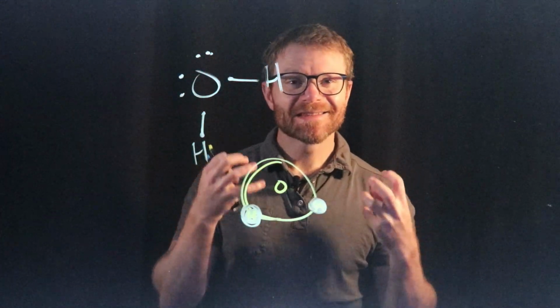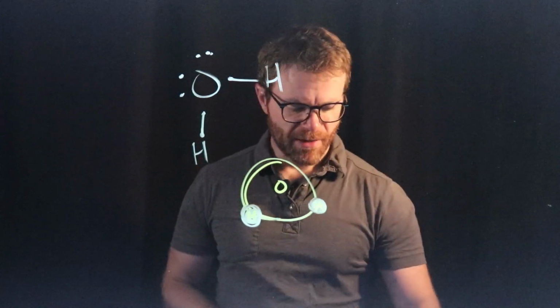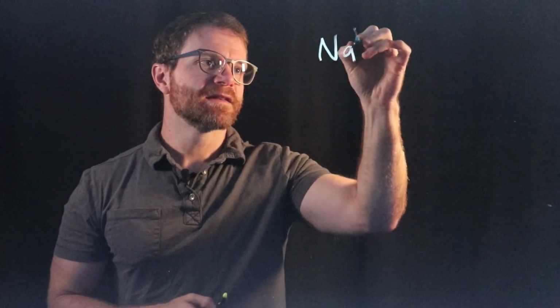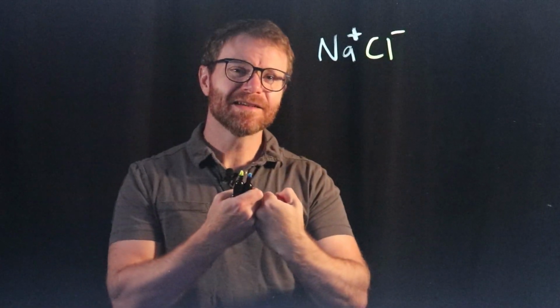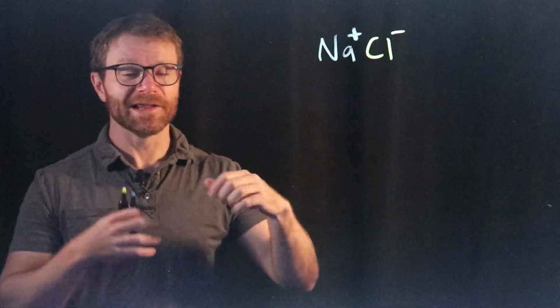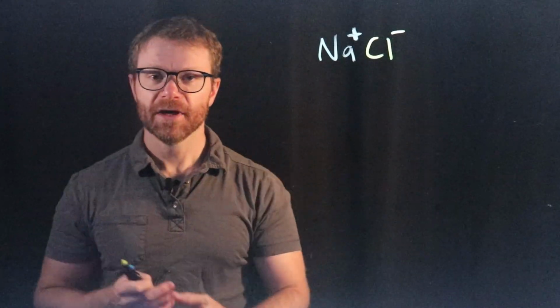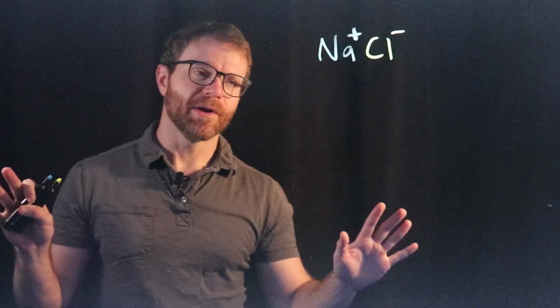But that's not the same with ionic compounds. With an ionic compound, like let's say sodium chloride, table salt, I've got my Na, and it's stuck together with a Cl. And notice that it's not stuck together with a bond that I drew out as a line, like I did with my covalent compound. Again, it's okay if you don't know about covalent compounds yet.